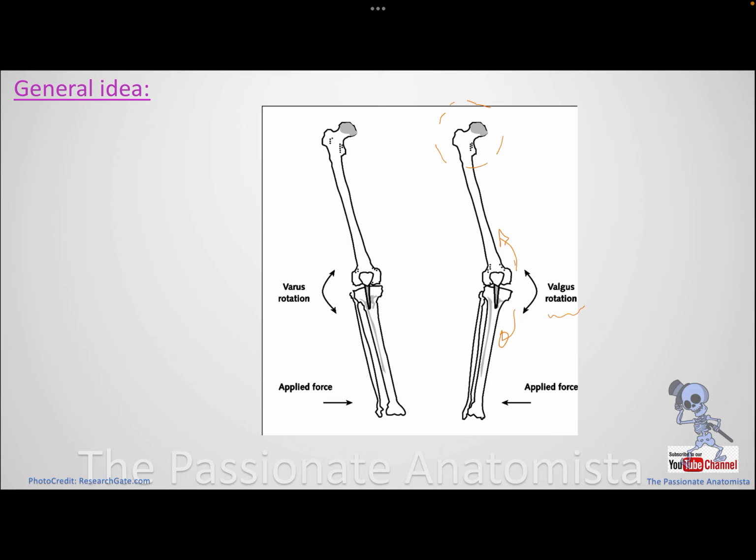Another thing I want you to know is that in the valgus, you are not only separating the medial parts of the bones away from each other, you are also laterally rotating the tibia. Remember, valgus: we will have separation away from each other of the medial parts of your femur and tibia. You will also have lateral rotation of the tibia. This is very important, guys. That will make your life very easy if you understand it this way.